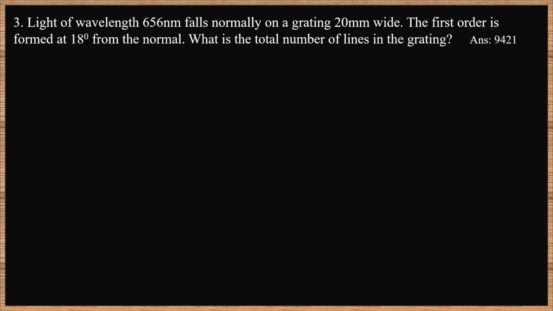The question is: light of wavelength 656 nanometer falls normally on a grating 20 millimeter wide. The first order is formed at 18 degree from the normal, and what is the total number of lines in the grating? So here we can write the given things. Lambda is equal to 656 nanometer, right?